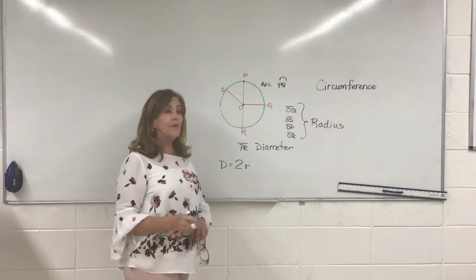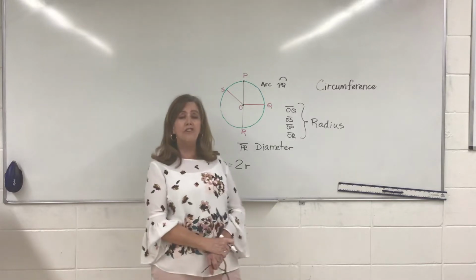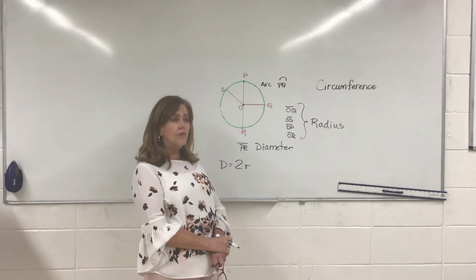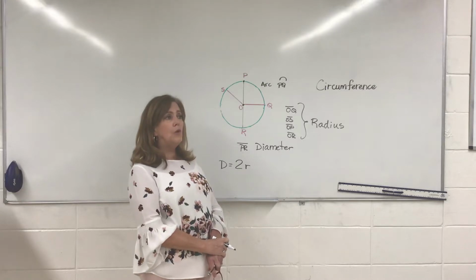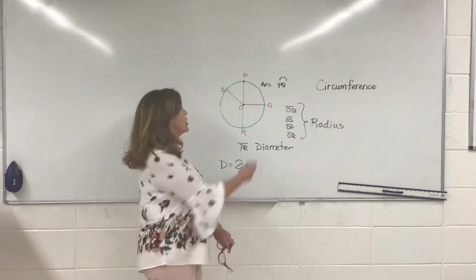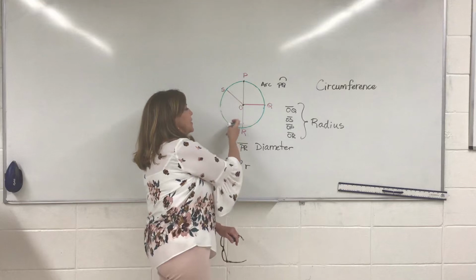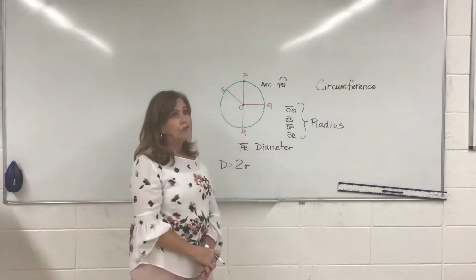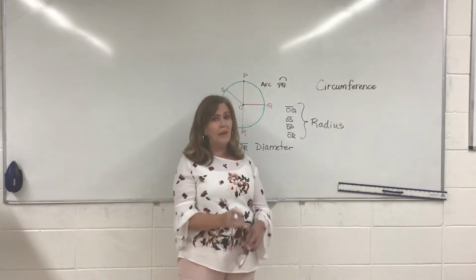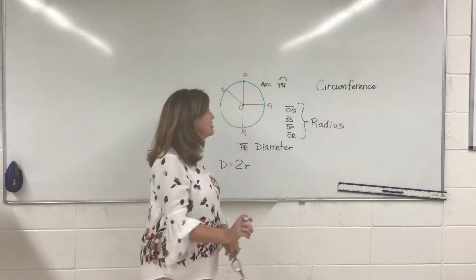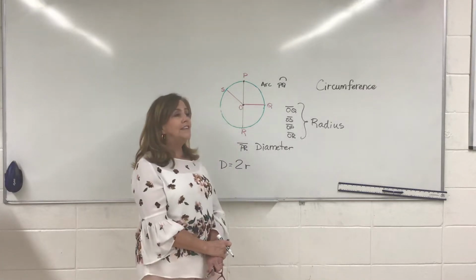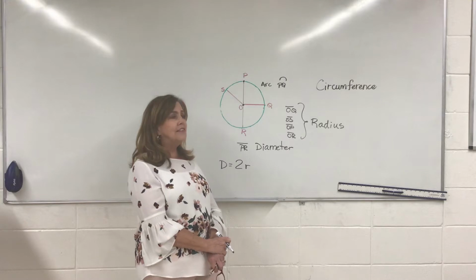Mathematicians have come up with a formula to help you, because it's very hard to measure something that's in a circle. You could use a string, but it's still really hard to get it just right on the edge of the circle. So they studied circles, and they said, you know what?